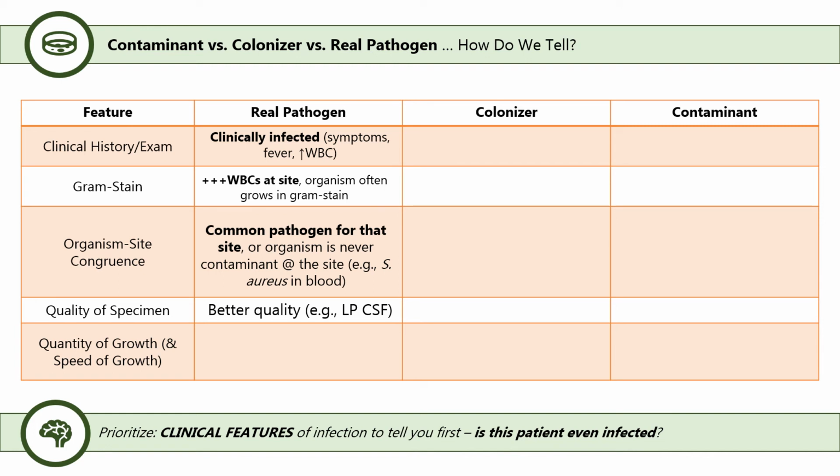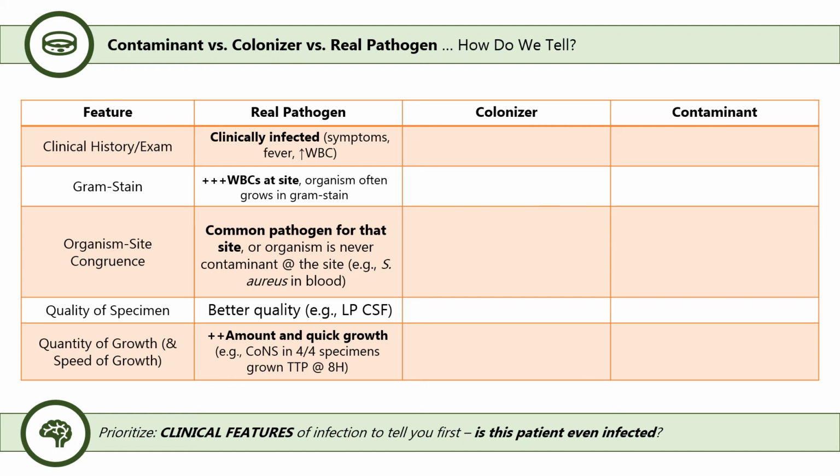And then the last thing I think about when I try to decide if it's a real pathogen or not is how much organism grew in that sample and how fast it grew, which would be indicative of the burden of infection. So I would expect, of course, a high amount of organism to grow and it to grow very quickly. Coagulase negative Staphylococcus is a common bloodstream contaminant from intravenous line poking.